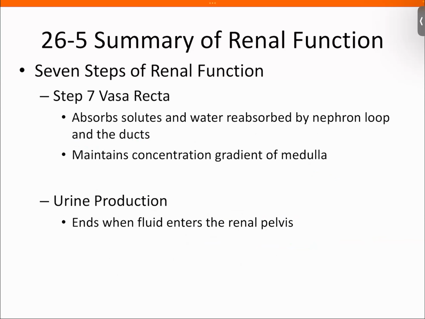Now, the one thing we haven't talked about that we're going to talk about now, number 7, is the vasa recta. So the vasa recta basically is the capillary network around the loop of Henle.